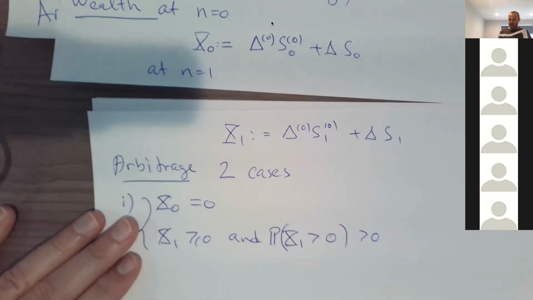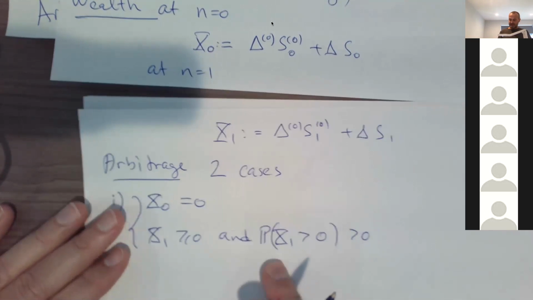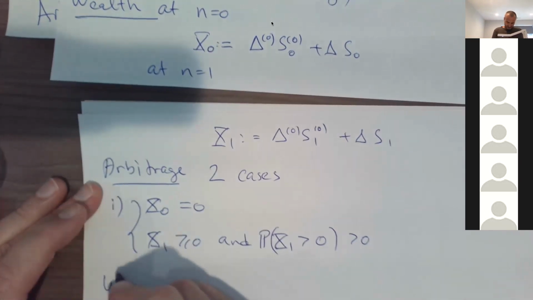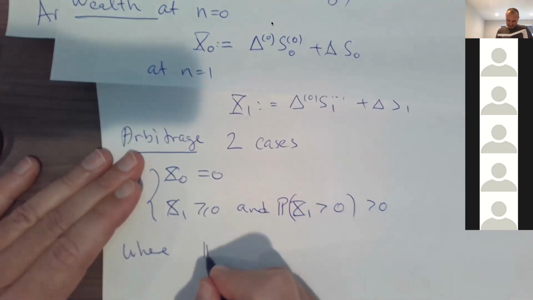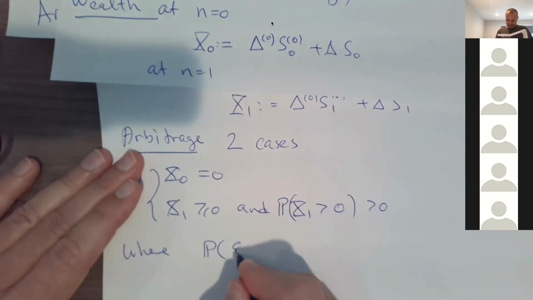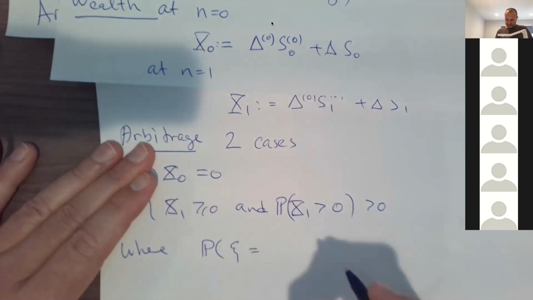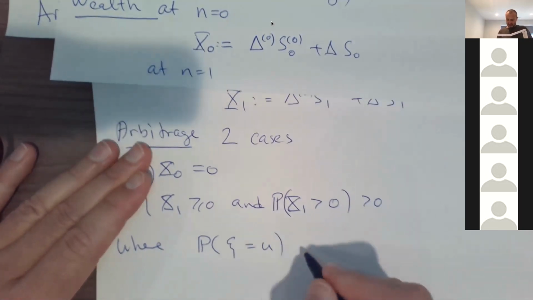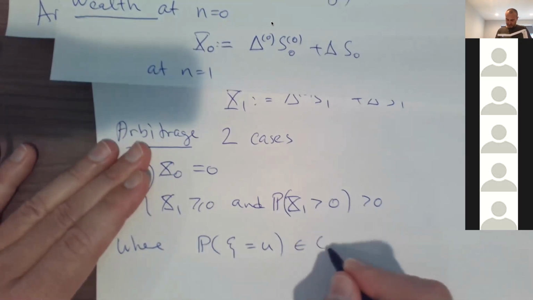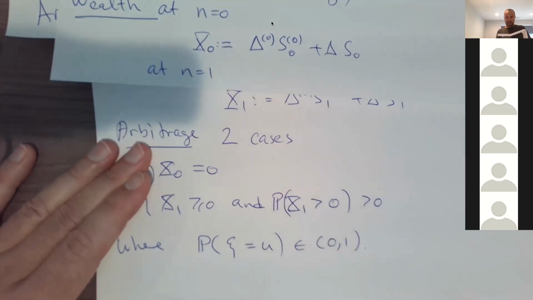So this is where the probability comes in. This p here says that p of this random variable psi being u is a number strictly between 0 and 1.